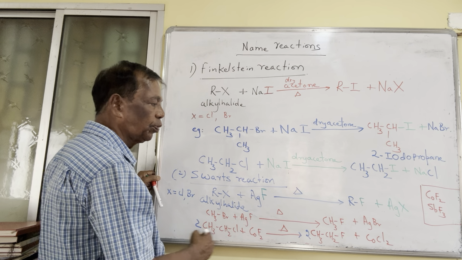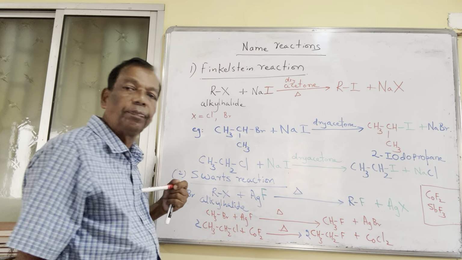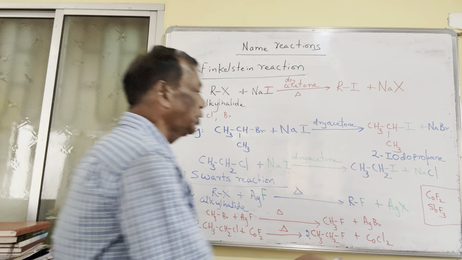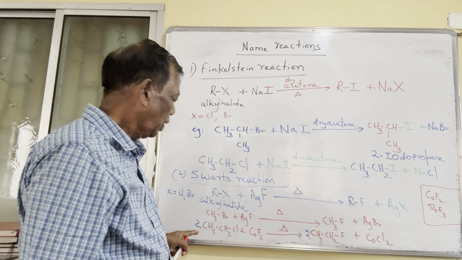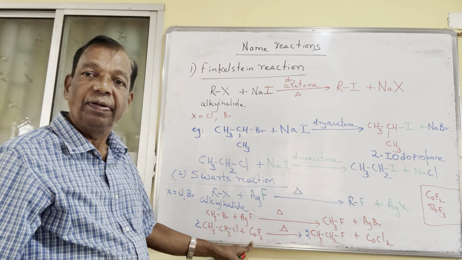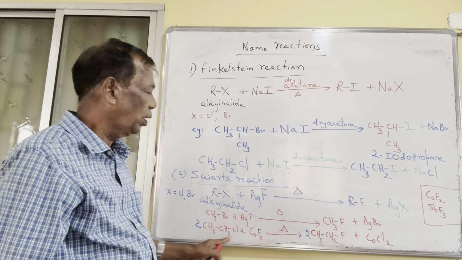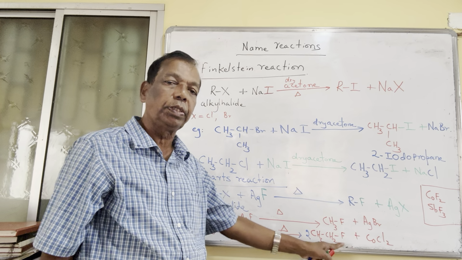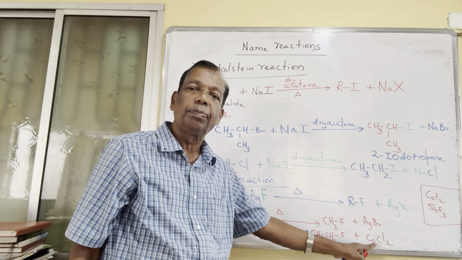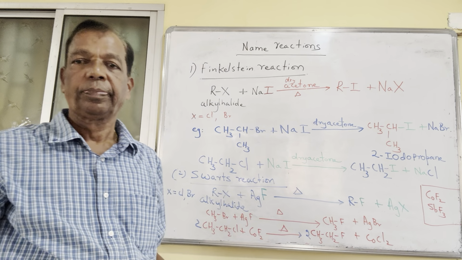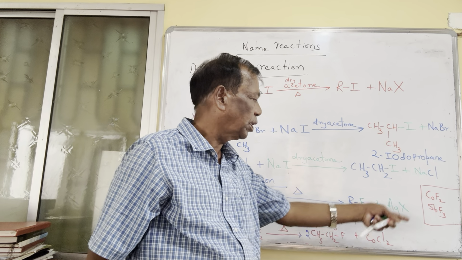Automatically chlorine becomes 2, and that is balanced. Suppose this was SbF3, then the same thing could have become CH3CH2F, and here this would become SbCl3. It will not become Cl2, but it is SbCl3.